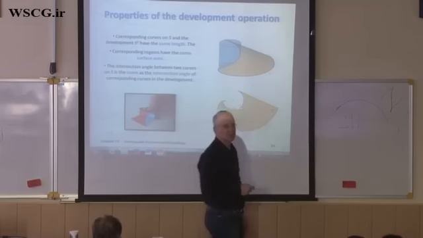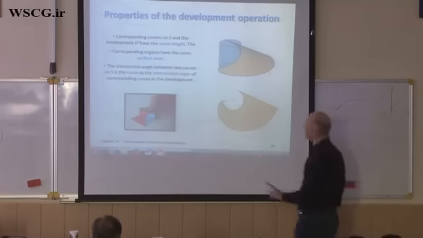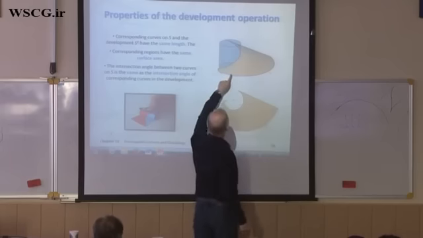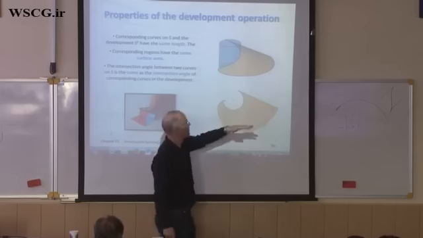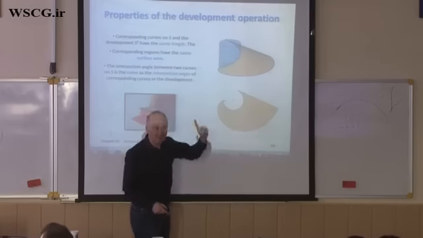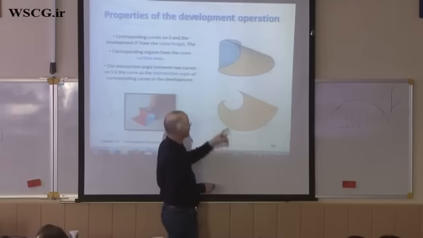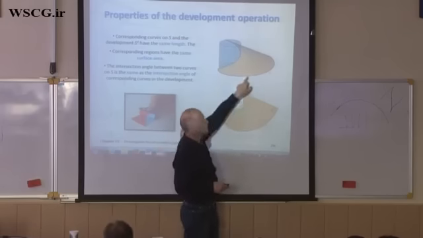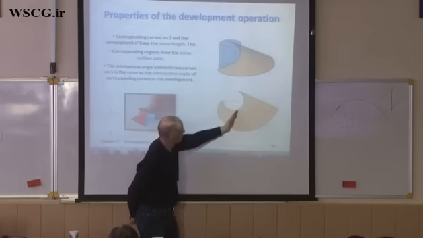I showed this one because this curve also intersects these tangents under a right angle. Now, this is easy to see. And then in the development, we also must have this right angle. And therefore, the development of this base curve is a curve which intersects the tangents orthogonally.